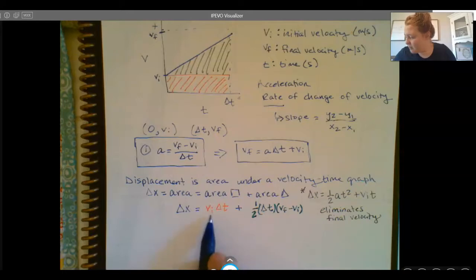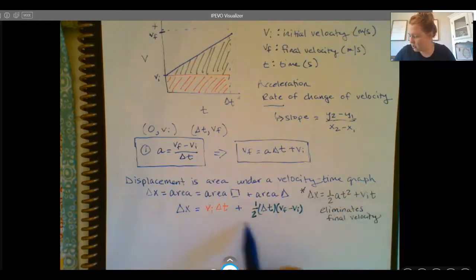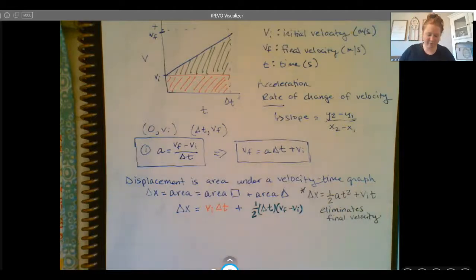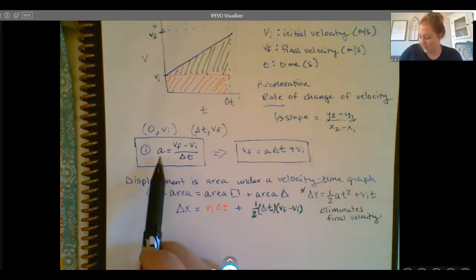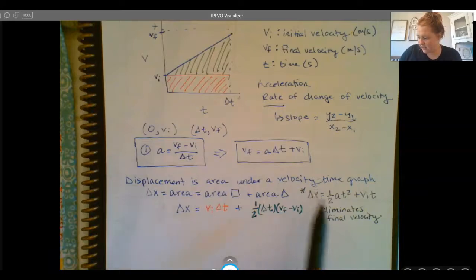So far, we already have this part, VI delta t, that's right here. We need to be able to morph this into 1/2 AT squared. Now, if we go back and look right here, acceleration equals VF minus VI over delta t. So I could replace VF minus VI.